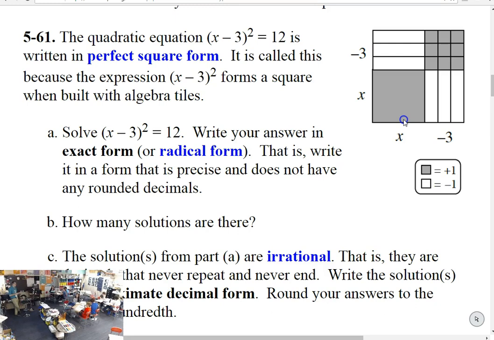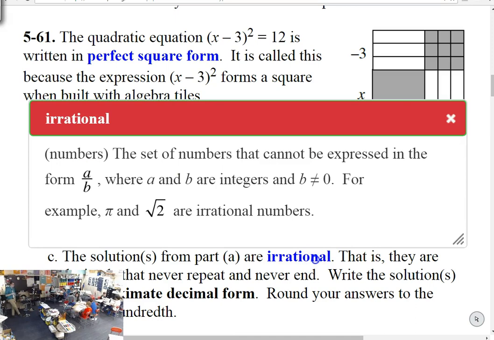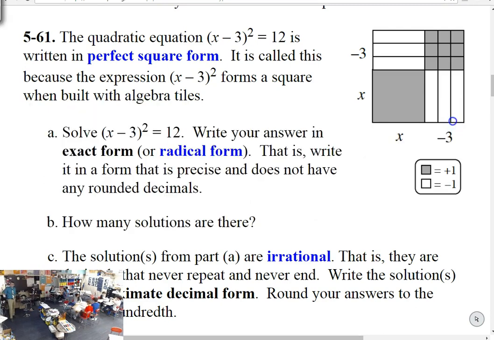We have to write it in radical form because that's exact. Exact form is not an estimate. That big old decimal, as we see here, is irrational. Now we could factor it into its perfect square pieces and non-perfect square parts. Or, to start out with, we can just write radical 12 and say we have a positive and a negative option.